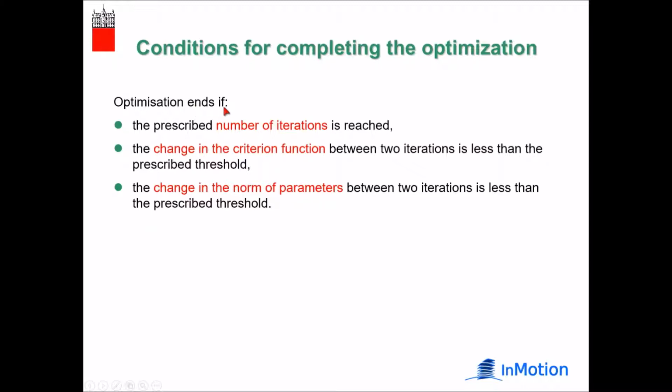But optimization ends also if the change in the criterion function between two iterations is less than the prescribed threshold, or the optimization can end also if the change in the norm of parameters between two iterations is less than the prescribed threshold.